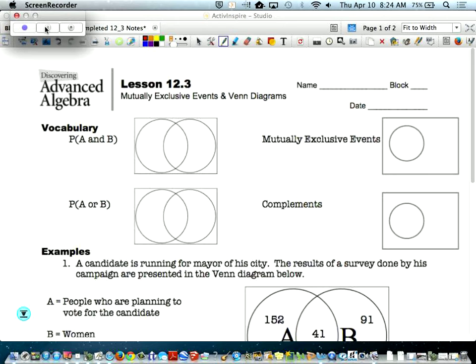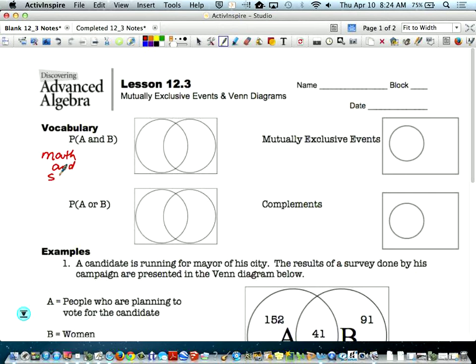Mutually exclusive is telling you that the two things can happen. I could have a student taking math and science. So maybe this is first block and then you go to science second block. So we can create a Venn diagram for students that are doing that.